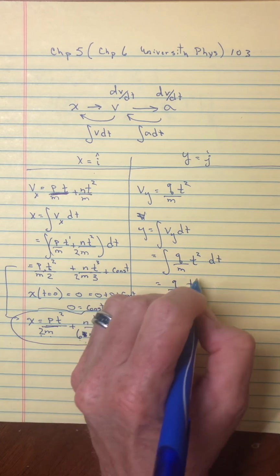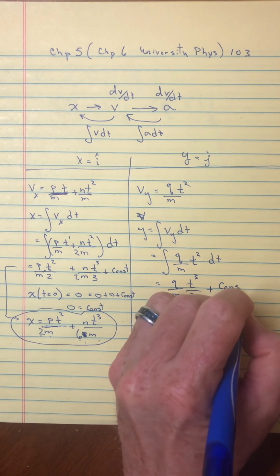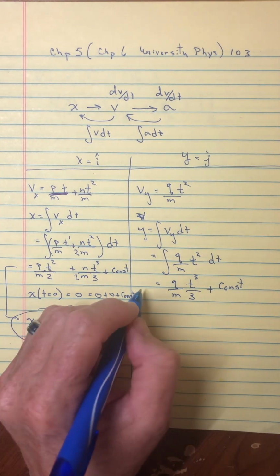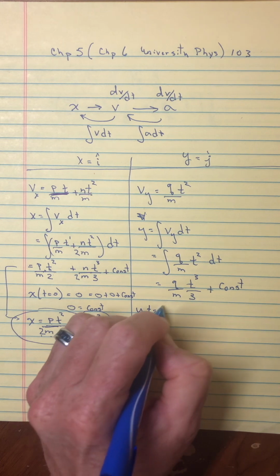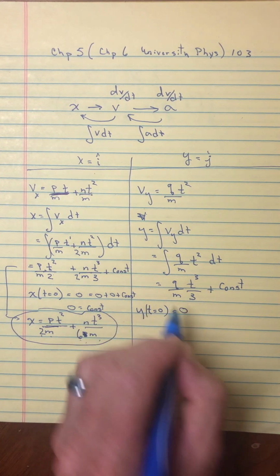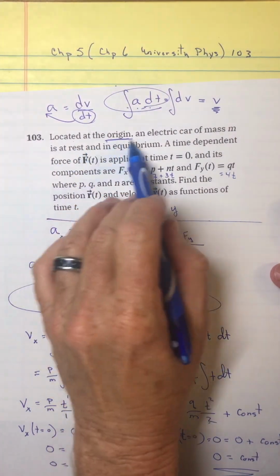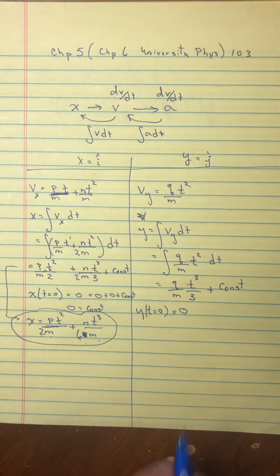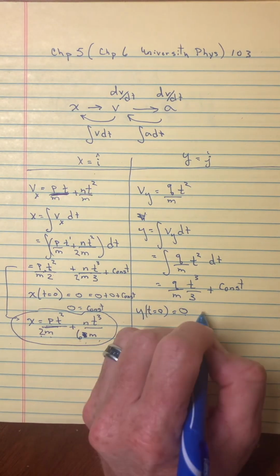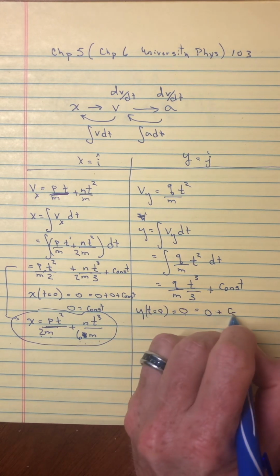We now have a power, so we're going to add 1 to it and divide by the new one, and then we're going to throw in a constant. And then we're going to pause and say, well, okay, y is supposed to equal 0 when time is equal to 0. Again, because they say it is located at the origin. So it starts here at the origin. So if you put t equal to 0, that first term is 0, and then you get a constant.